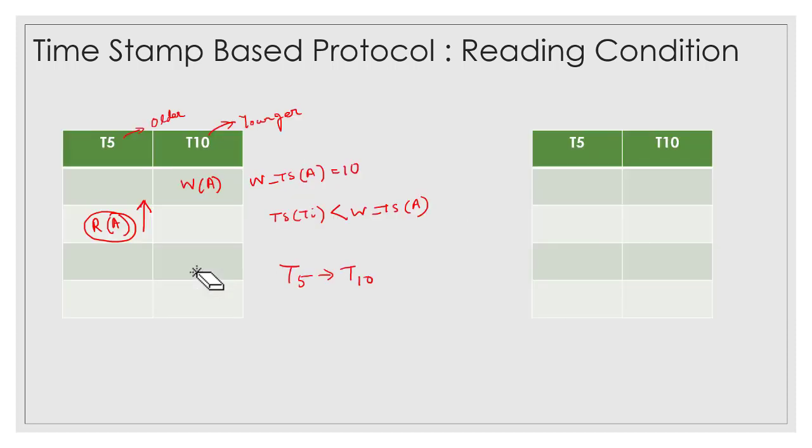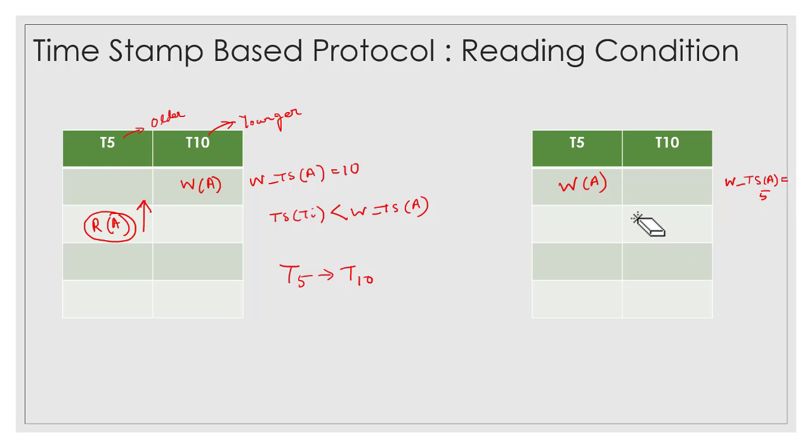So what does this mean? This means that the transaction T5 has performed the write operation on data item A. So in that case, the write timestamp of data item A is 5.